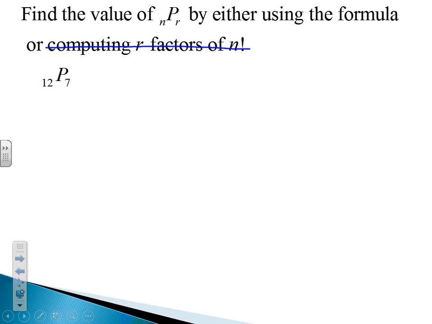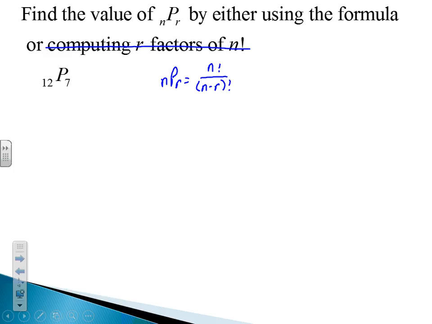And what it's telling you here, we have the general formula for the permutations: nPr is equal to n factorial over, in parentheses, n minus r factorial, where in this case, n is 12 and r is 7.